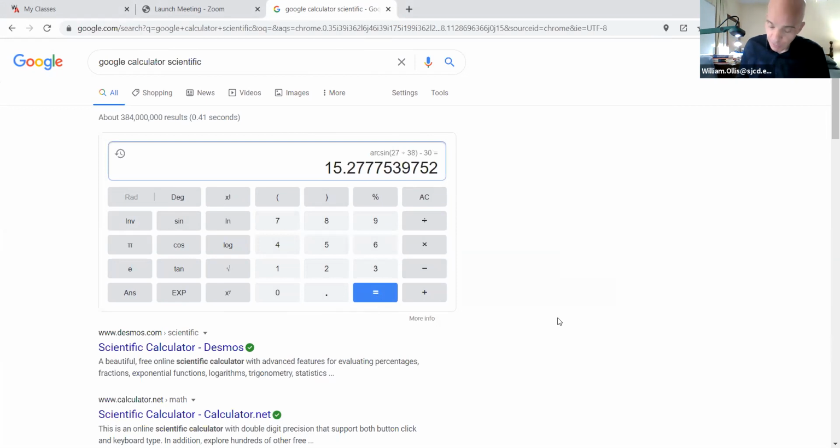And this gives us 0.2777. And then in this case, what did WebAssign say? Round to 1 decimal. And so that'll give us 15.3 degrees.